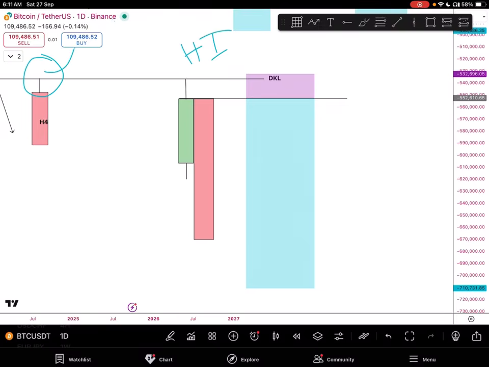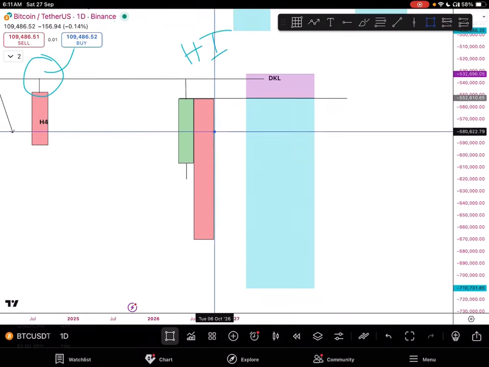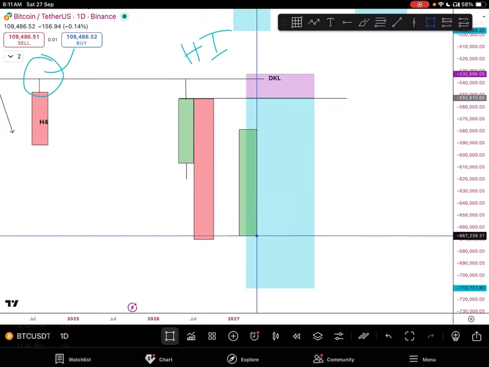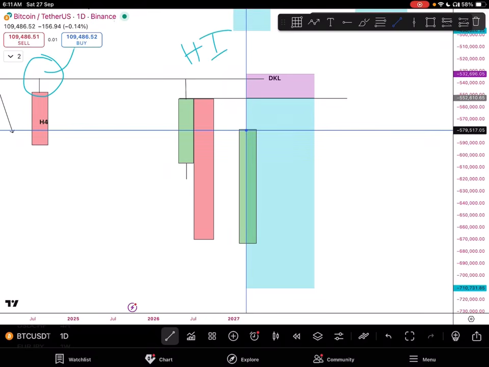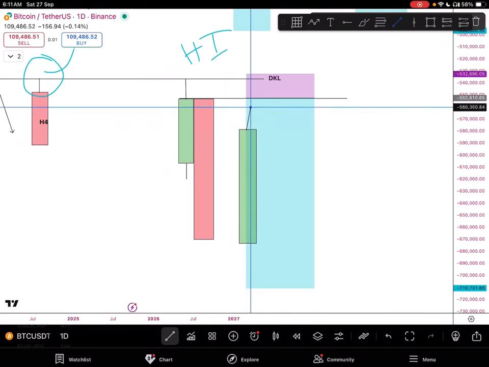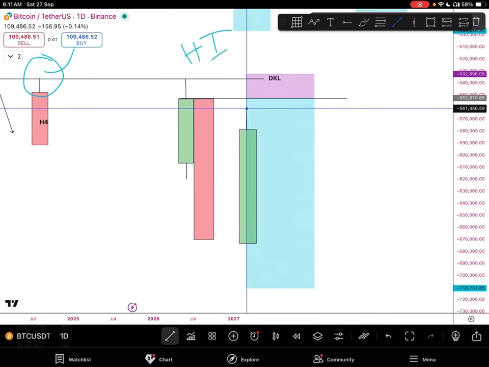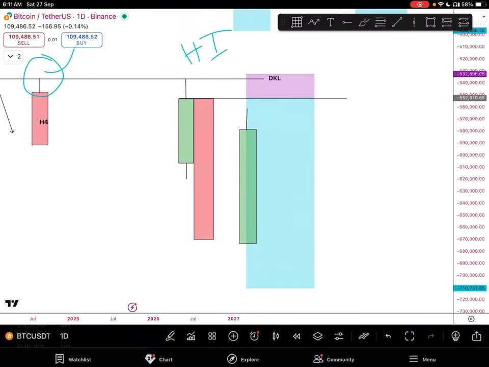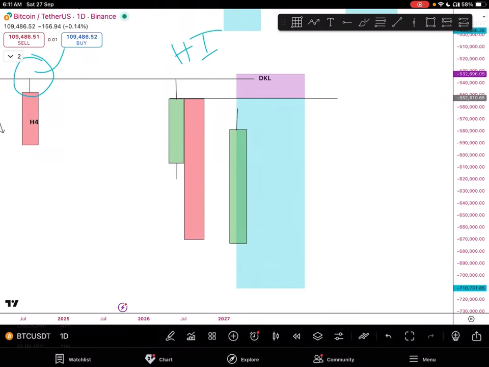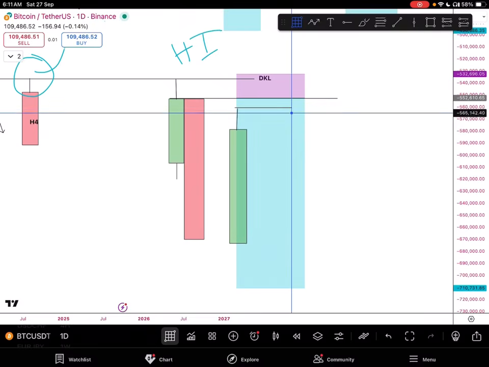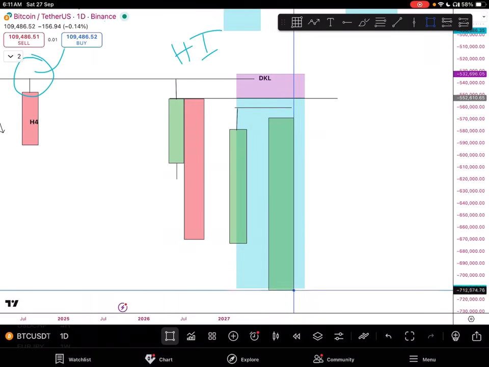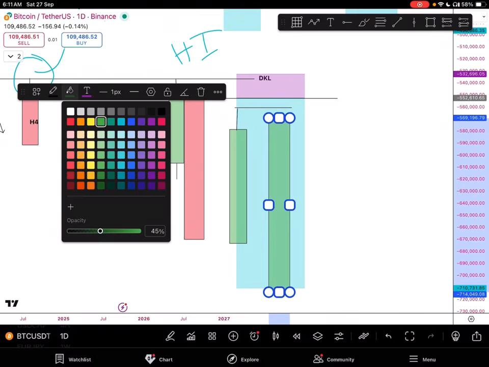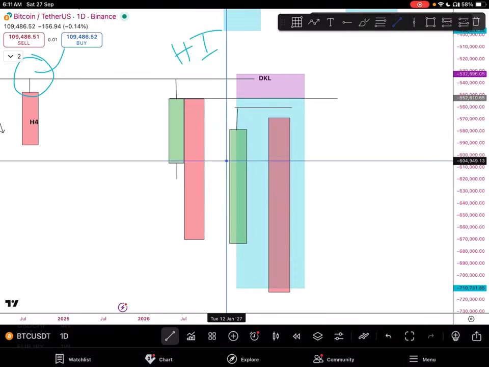So I will wait for the next candle, the third candle, to be an inducement candle like this. It won't react to our key level. It needs to close below like this. After that, I will consider it the inducement candle. Then my next candle will be my entry, which is like this.